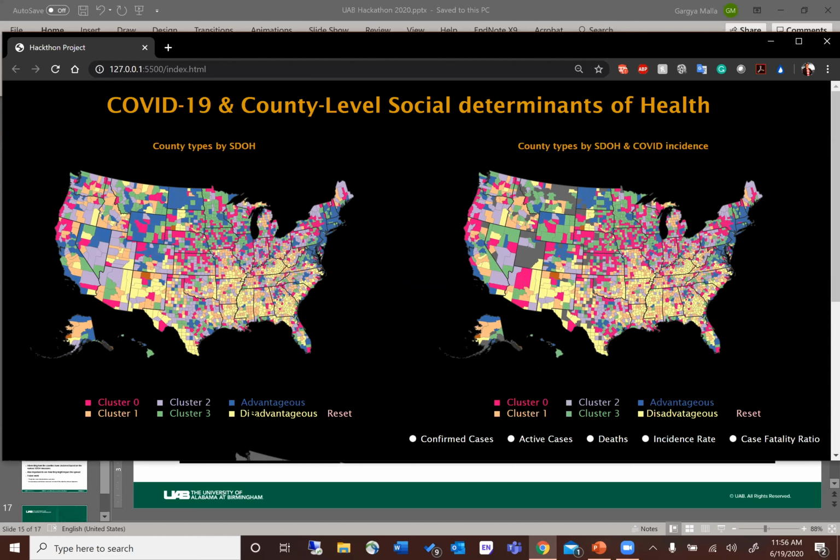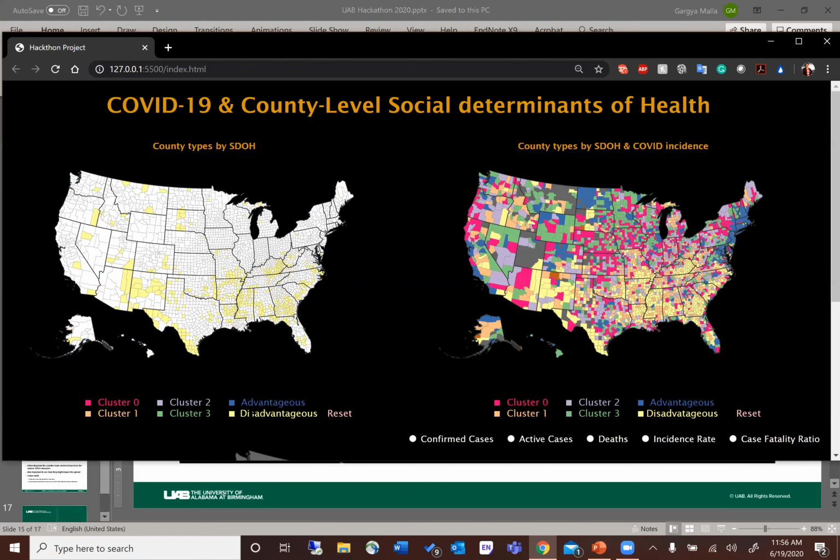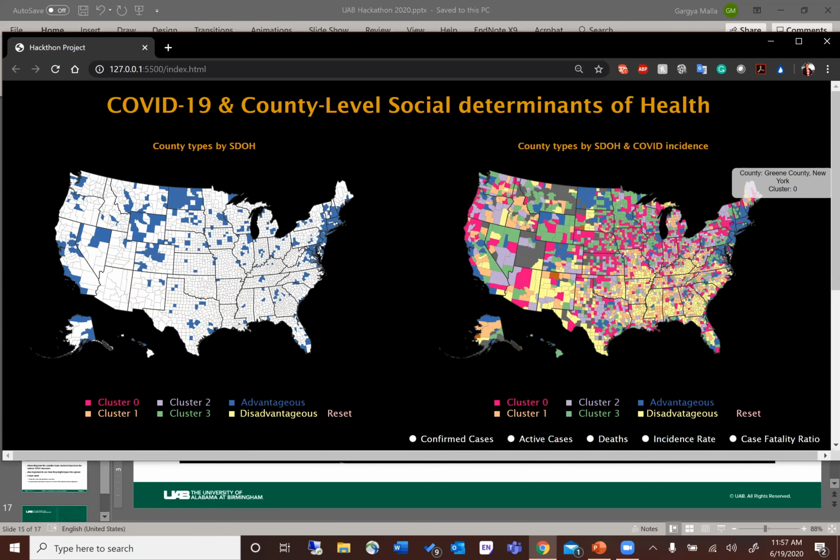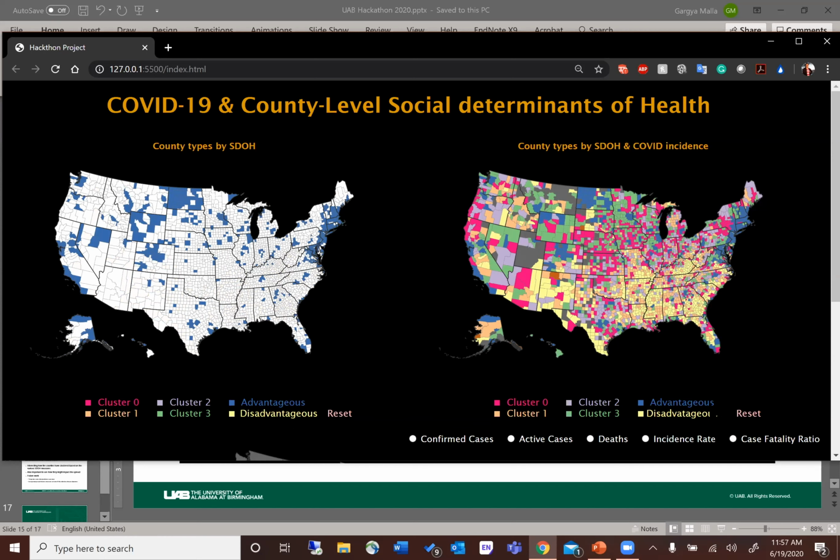And we can see that the most disadvantageous counties are falling mostly in the southeast, and Texas and Nevada, whereas the most advantageous are falling in the northeast and North Dakota. And on the right, we can see the cluster after instance.